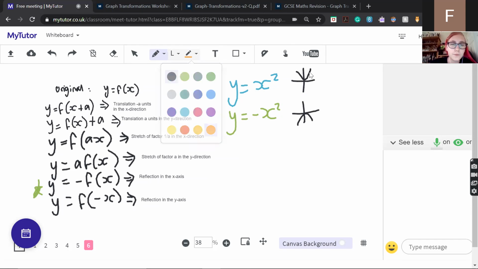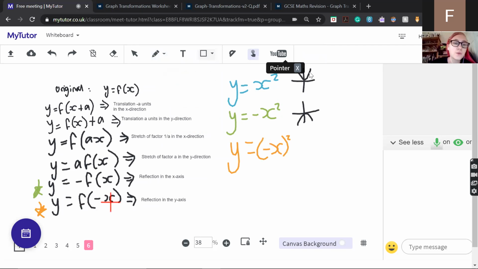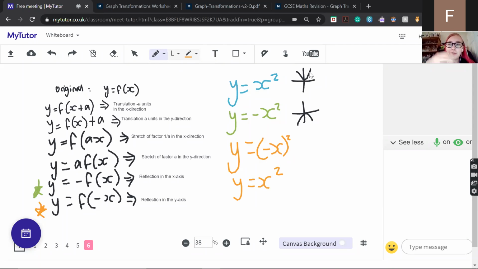If we do y equals f of minus x, that means you do x squared to minus x. So this is the difference. When it's inside the function, you do it to the x rather than outside. And what this looks like is the same thing as y equals x squared, because if you square something that's negative, it becomes positive. So it's the same thing. And we can see that this one is a reflection in the x-axis, and this one's a reflection in the y-axis.